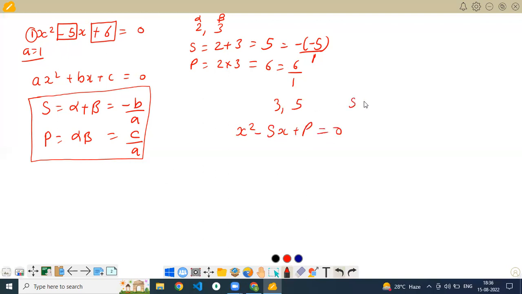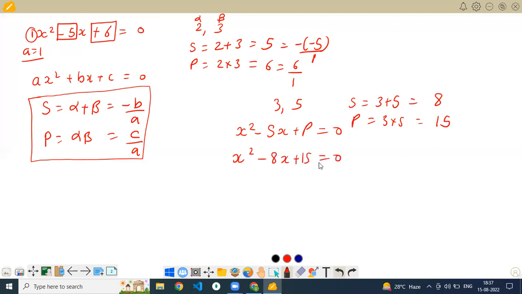So what is s? S is 3 plus 5, which is 8. What is p? 3 into 5, which is 15. So the equation whose roots are 3 and 5 will be x square minus 8x plus 15.